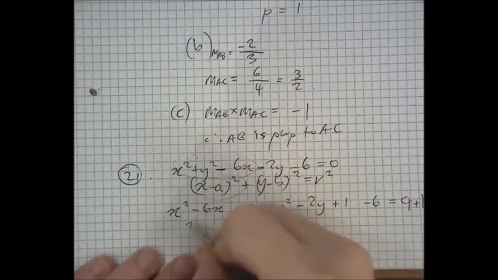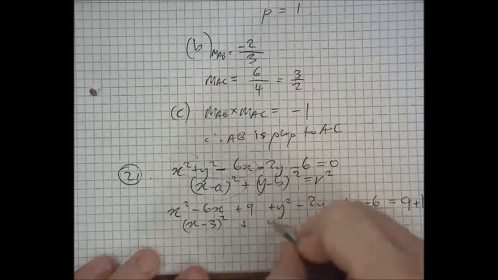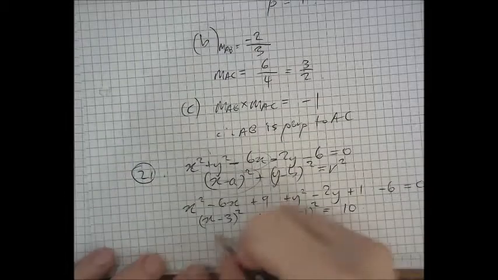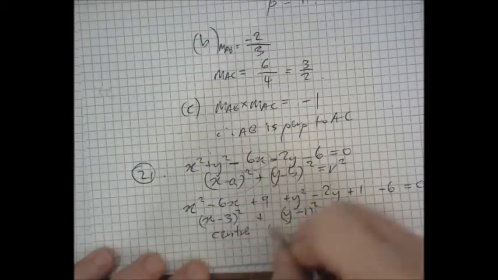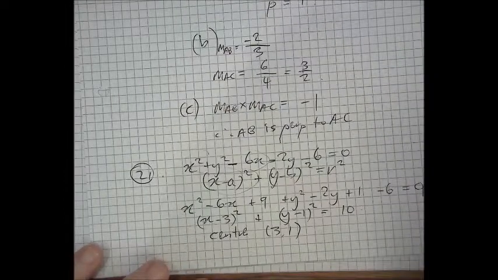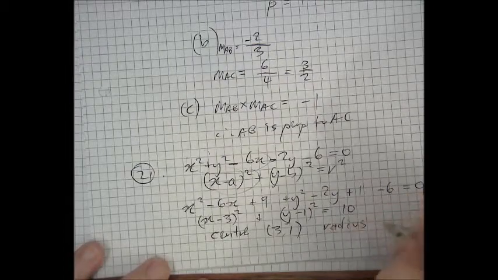Then you factorize this. It's been specially designed so you get the same bracket twice. So the center is 3, 1 and the radius is √10.